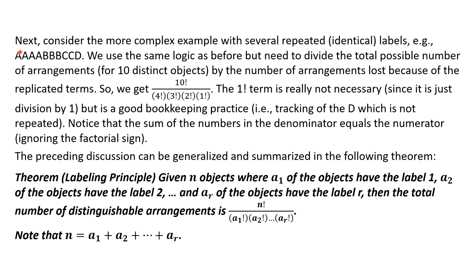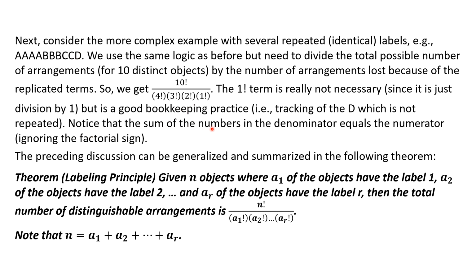So we divide by 4 factorial for the A's, 3 factorial for the B's, 2 factorial for the C's. And then we don't really need to do this, but just for nice bookkeeping, we'll divide by 1 factorial for the D. That's not repeated, it's just one distinguishable object.